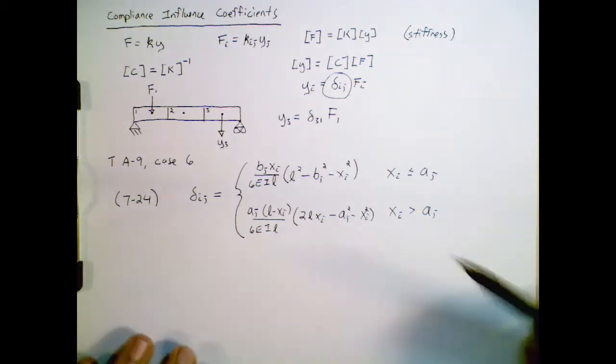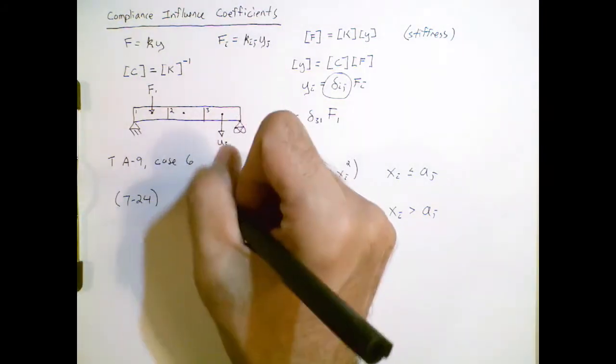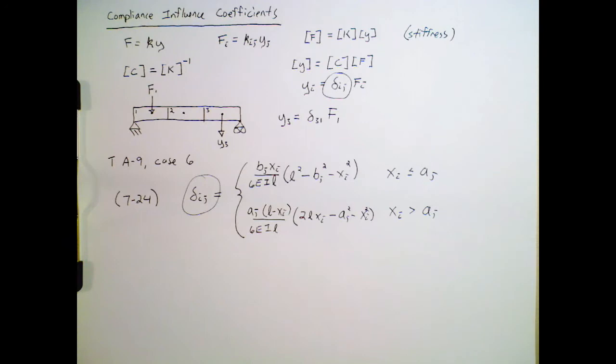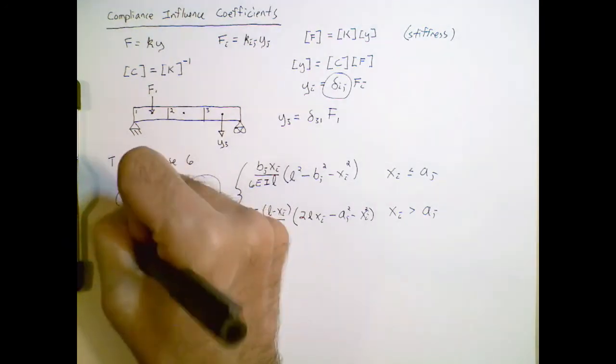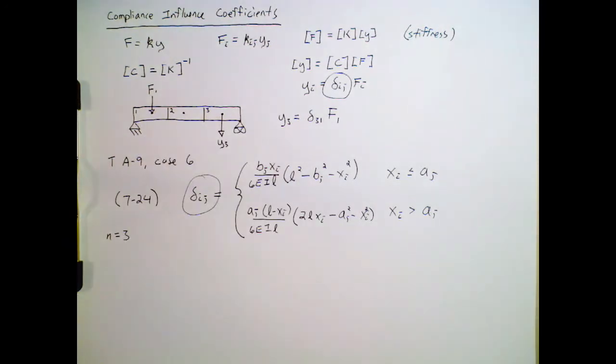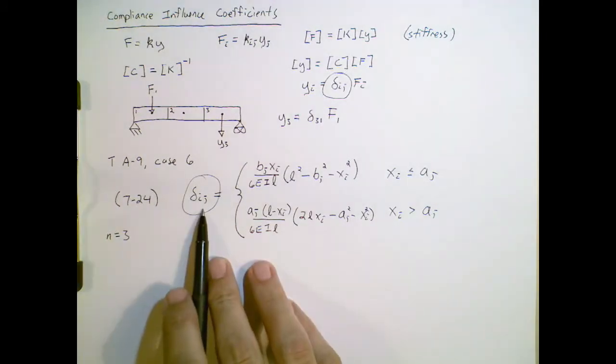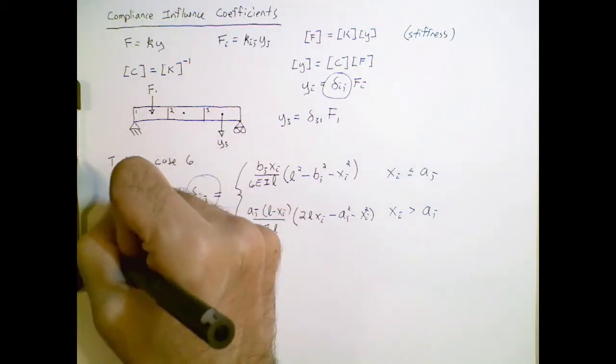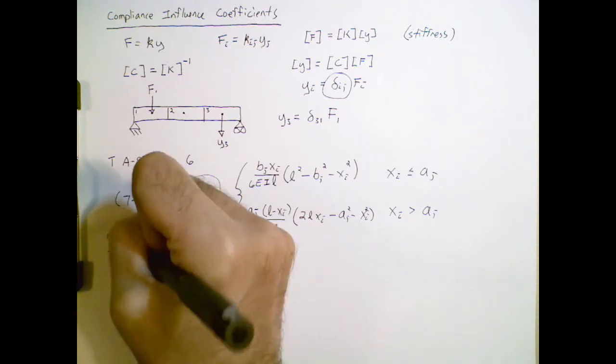So looking at this with influence coefficients, suppose we have this case where we have 3 different segments, n equals 3. The number of different influence coefficients then is going to be 9, or 3 times 3 is equal to 9.